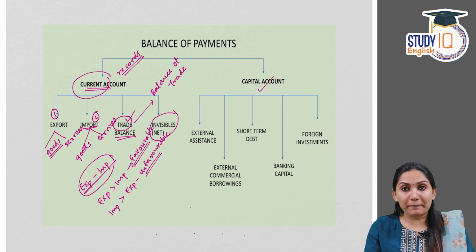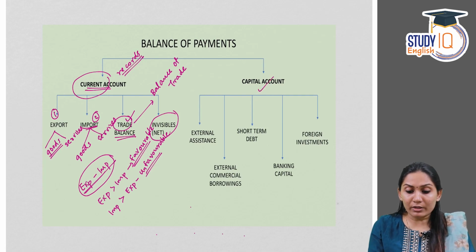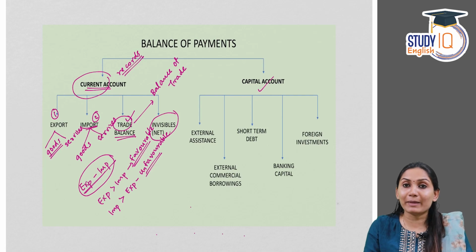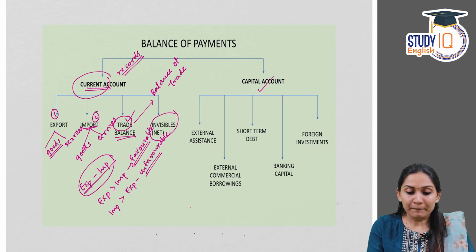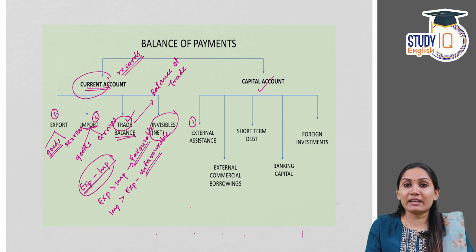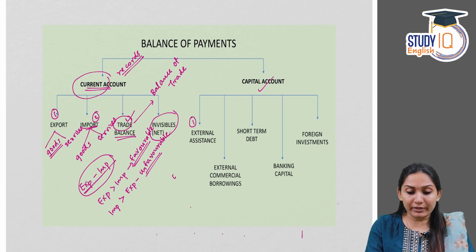Next, moving on to capital account. Coming to capital account, there are 5 major components. First one is external assistance. That is the assistance given by the rest of the world to our domestic country. Let us take for example the government of India and rest of the world.